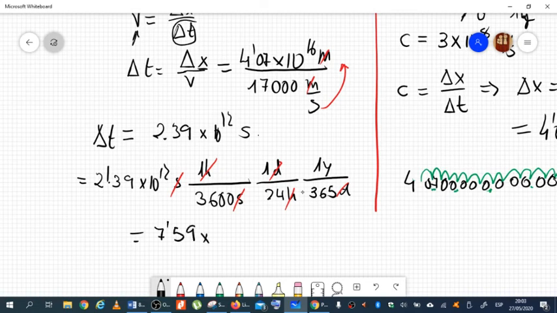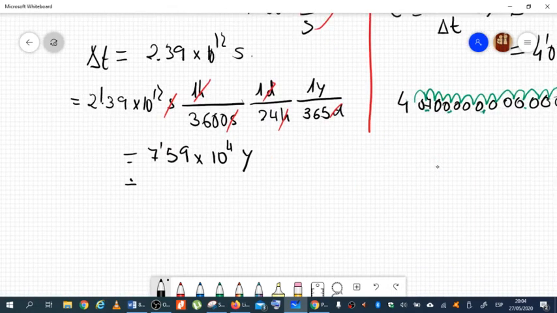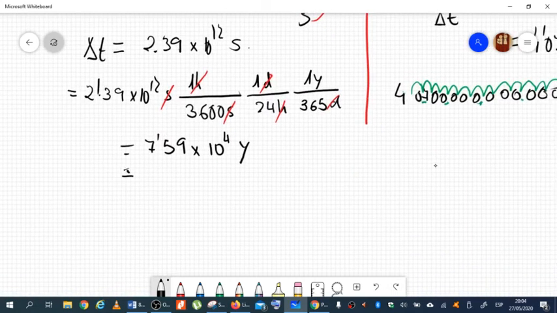So it is 7.59 times 10 to the power of 4 years, and it is a very huge, incredibly big number of years. It is 7,590 years.